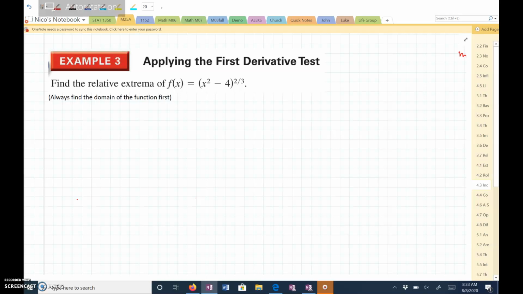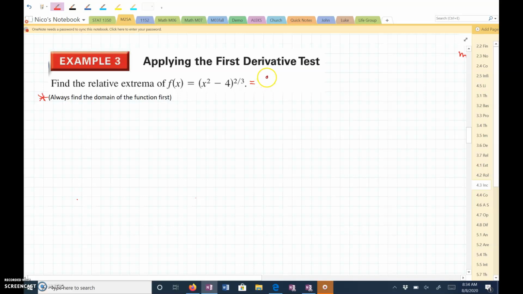Example 3, find the relative extrema of f of x equals x squared minus 4 to the 2/3 power. Alright, so I gave you a nice hint here. Always find the domain of the function first. So to find the domain, I might want to rewrite this function as a radical.